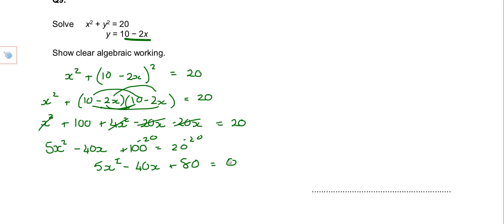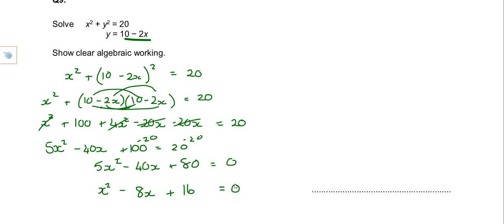Is there any way of simplifying this one before we go any further? Divide by 5. So I could have x squared minus 8x plus 16. 5 times 8 is 40.